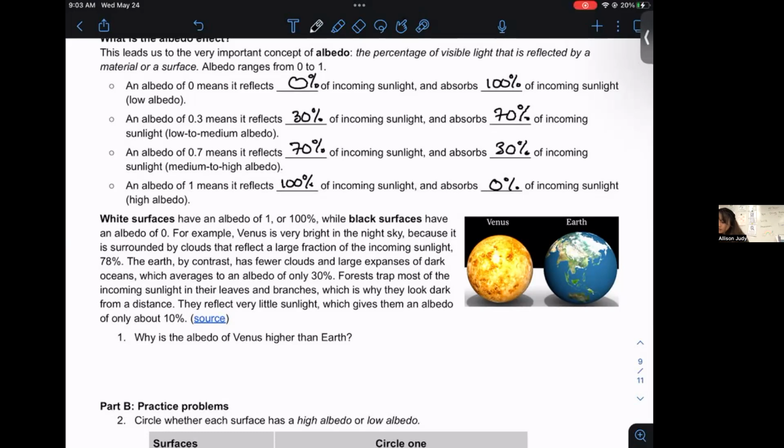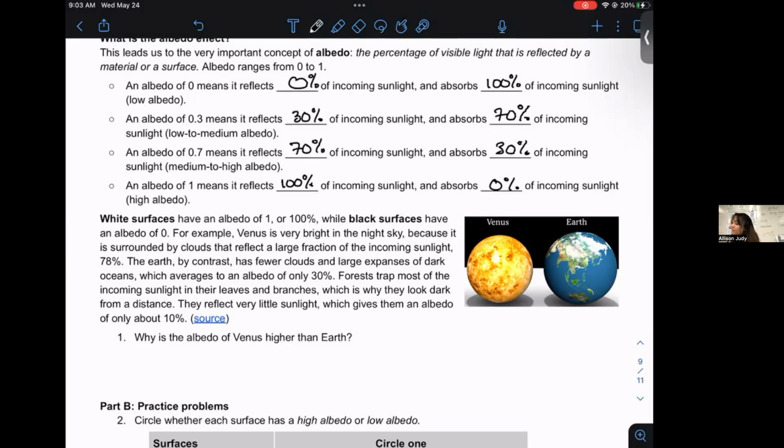So what we see here is that because of the fewer clouds and large expanse of dark oceans, the Earth averages an albedo of only 30% versus Venus, which has an albedo of 78%. Okay, forests also trap a lot of the incoming light. So forests are also a low albedo geographical feature on Earth.